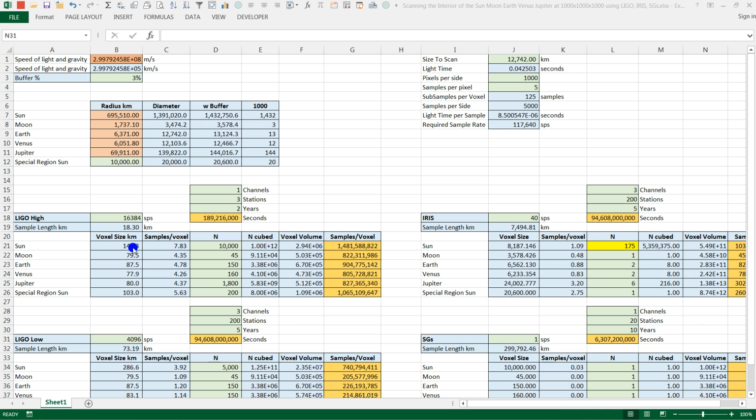Let's see what this formula is here. So D7 is actually the size of the Sun plus a buffer. I wanted to get the whole sphere of the Sun plus 3%. We can change that.